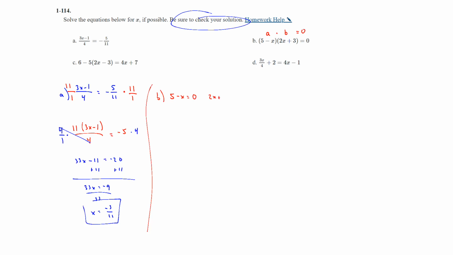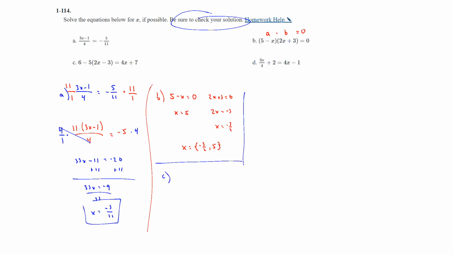And we'll get two possible solutions here. And so x could equal 5 if you add x to the other side. This one you'd subtract 3 and divide by 2. X is equal to negative 3/2. So there are two solutions, and this is actually a quadratic. It's just factored out for us. So x is equal to negative 3/2, and x is equal to 5.